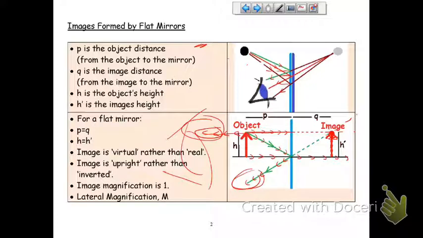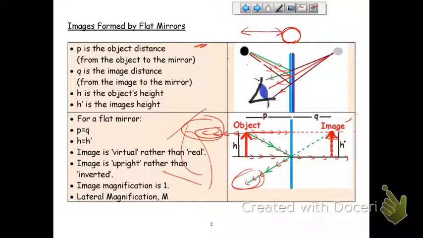So we call the distance between our optical element, in this case the mirror, and the object our object distance.